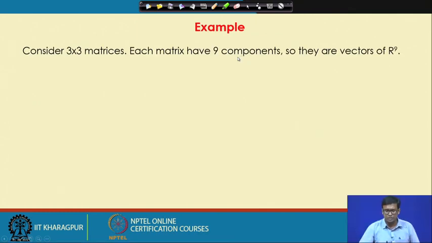So, we will look into a few examples of subspaces. We consider a 3 by 3 matrix. Each matrix has 9 components, so they are vectors of R9, right. A 3 by 3 matrix has 9 components, and if I try to write a 3 by 3 matrix, we have to write 9 components. Therefore, they must be members of the real coordinate space with dimension 9, because I can express a 9 dimensional vector using all the components of a 3 by 3 matrix.